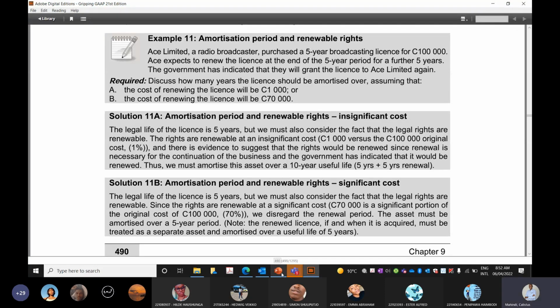When does capitalization stop? After you start using it? Okay. It's not after you start using it, but when it's available for use. But if you look at this instance, when is this asset available for use?